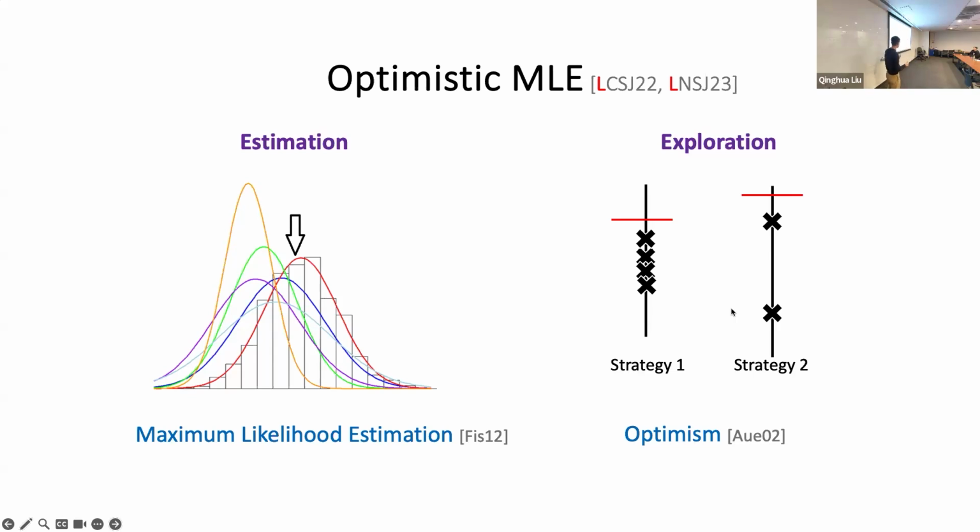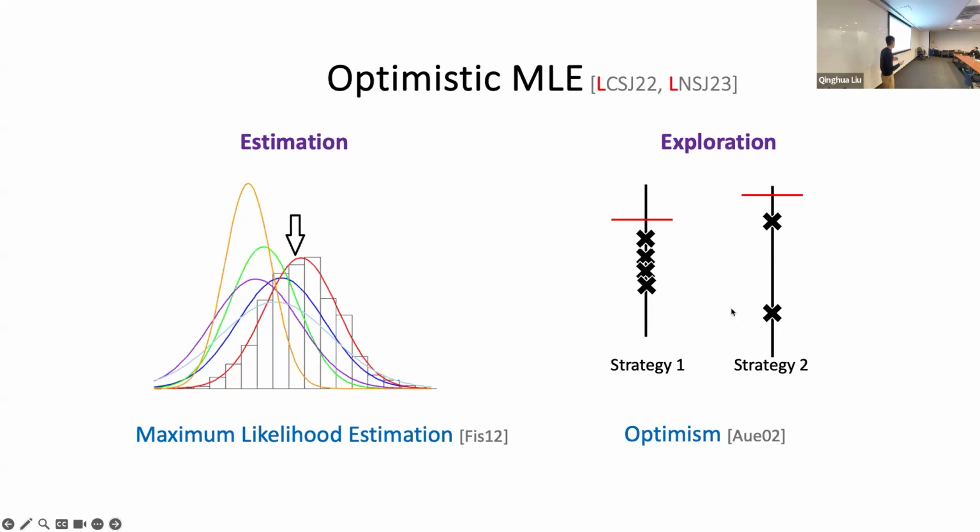In this case, according to the principle of optimism, you should pick the strategy that has the highest possible value. In other words, you always imagine the best thing will happen, and you make your decision in this optimistic manner.